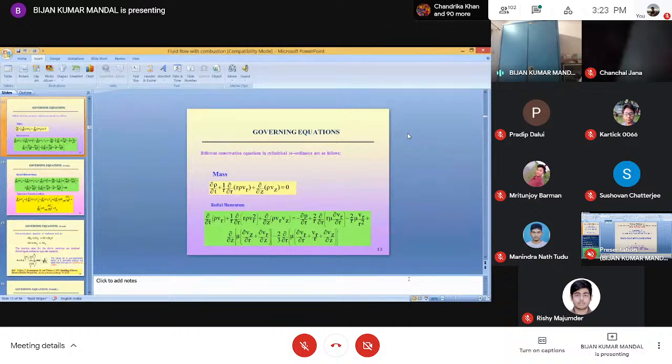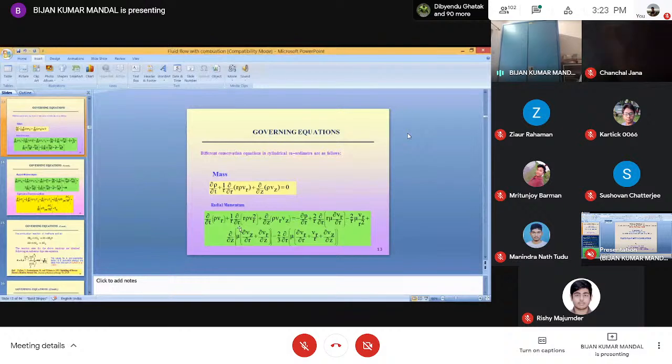So I think some of the equations are known to you. Forget about that. This is called the mass conservation equation in cylindrical coordinates. The first term is del rho by del t, that is the unsteady term. And this is the radial momentum equation, that means the momentum equation in the r direction, and we'll also have the momentum equation in the z direction.